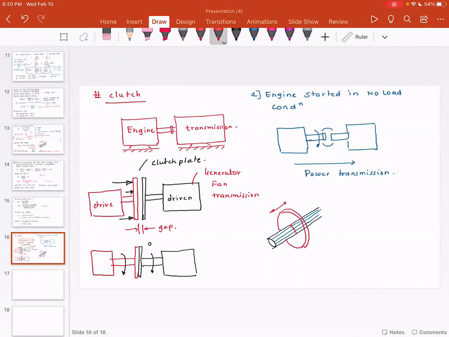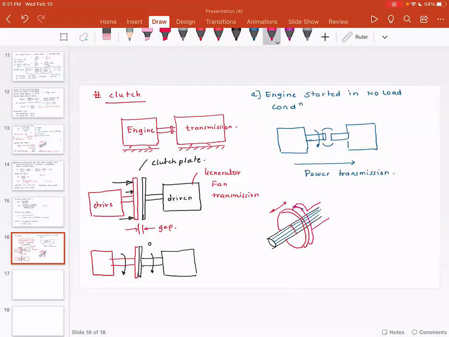On here, there is another shaft, and I'm going to show you a very rough sketch. This is a very crude sketch. The real life clutches are much more complicated.